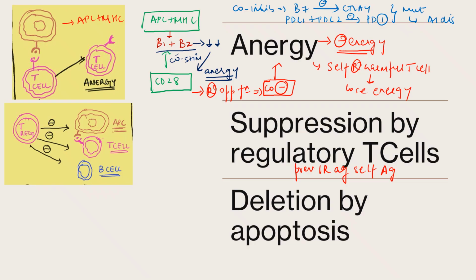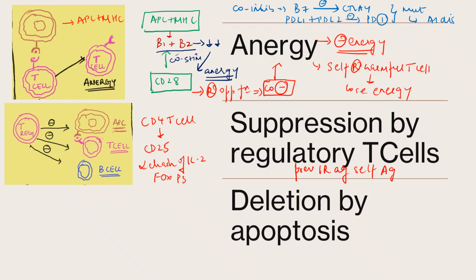In this regard, the CD4 plus T cells express certain markers, like CD25, the alpha chain of the IL-2 receptor, and FOXP3.